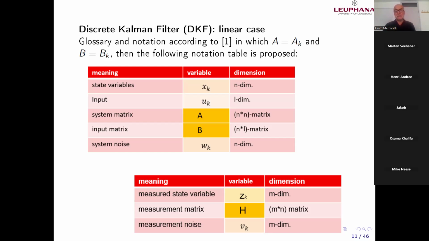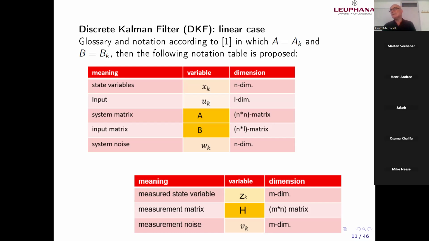And then the second part, we have z, which is the measured state variable, sometimes y, with m dimension. That could be 1 measurement, 2 measurements, and so on. Then we have the map of the measurements. Until now, we called it C, 1, 0, remember. But this is just a notation. Very often in the Kalman literature, we find this notation here, H, but you can use whatever you want, which is m rows on n columns.